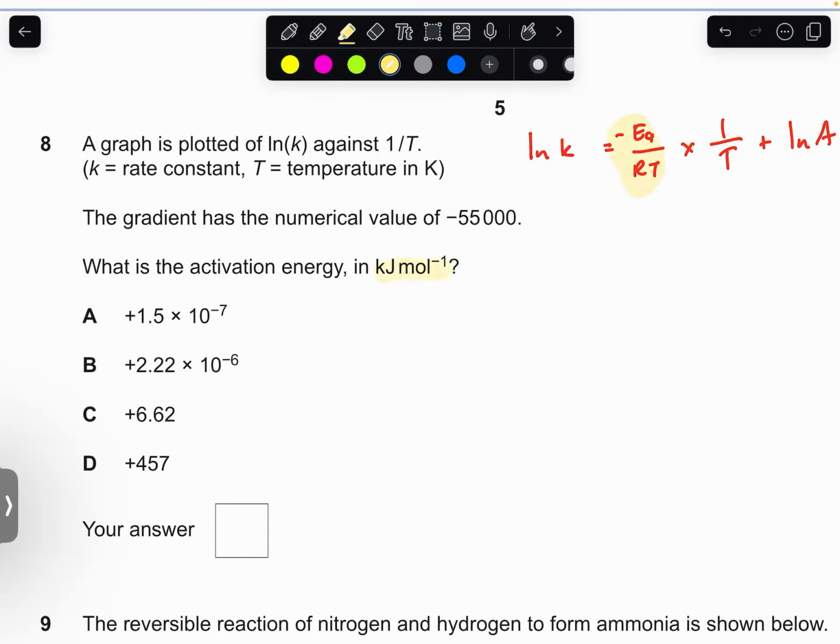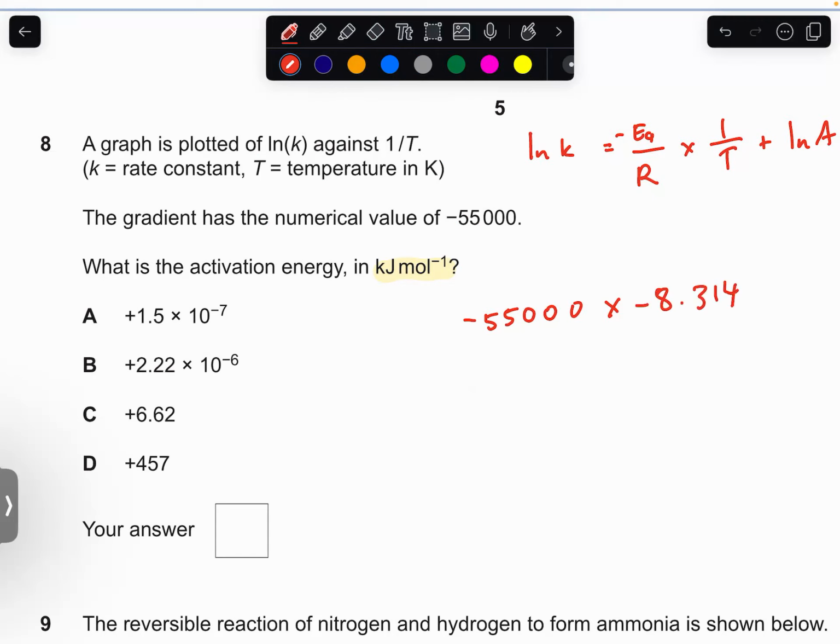They want it in kilojoules per mole. So how do we do that? Minus 55000. Let's multiply that by, oops, it's not over RT, it's just over R. Just multiply that by 8.314, minus, to get rid of the minuses.